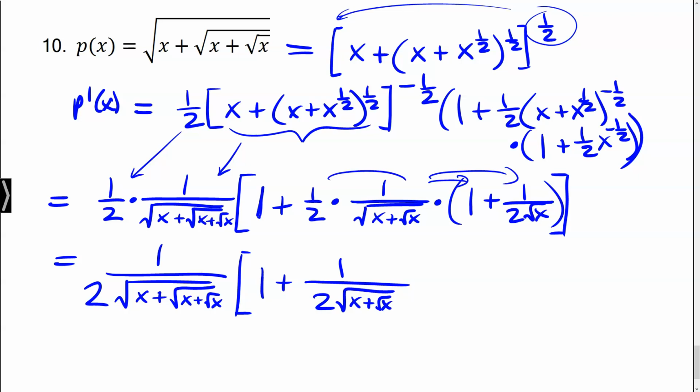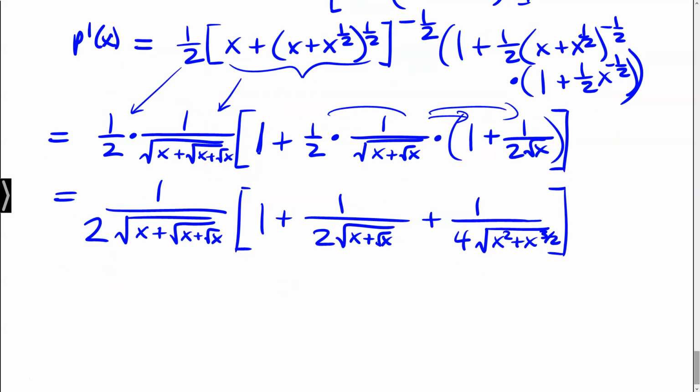And then I distribute across the 1 over 2 square root x, that's going to be plus another 1/4. Now the two square roots would actually combine here and give me a square root of x squared plus x to the 3/2. And, you know, this is about as far as I feel like taking it. We could keep going by getting all sorts of common denominators and stuff like that, but this is a pretty good form right now.